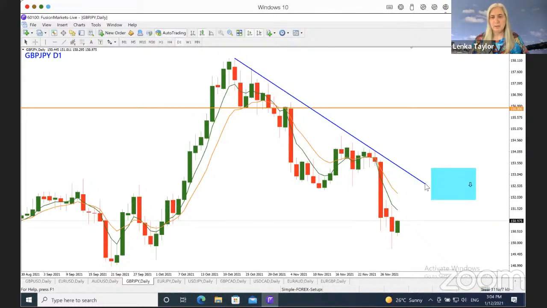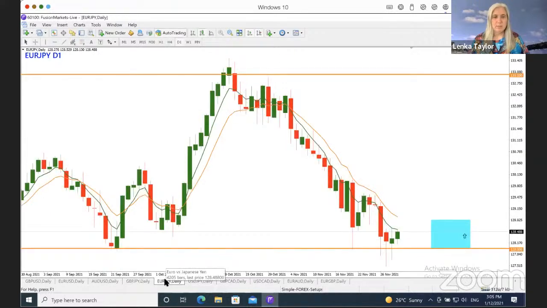Looking for pullback back to that trend line. And if we then are around that entry zone area, we look for a reversal pattern in the price action. If there then is a reversal, then I'll be looking for a short. So this is GBPJPY for short.